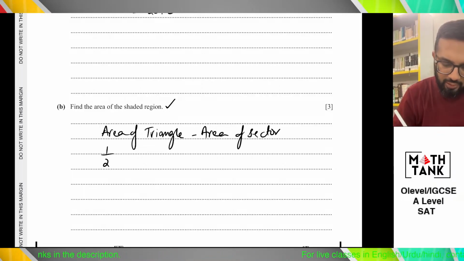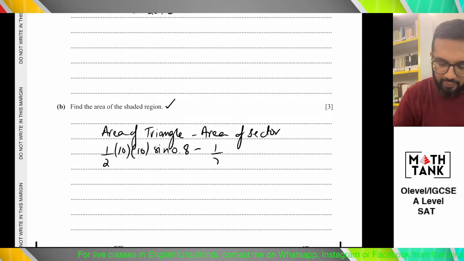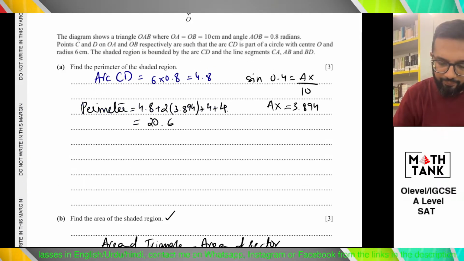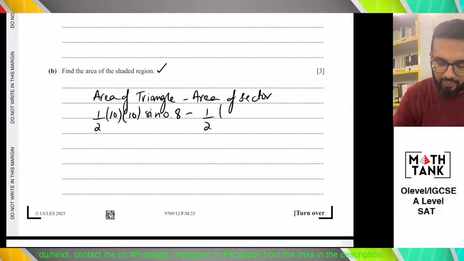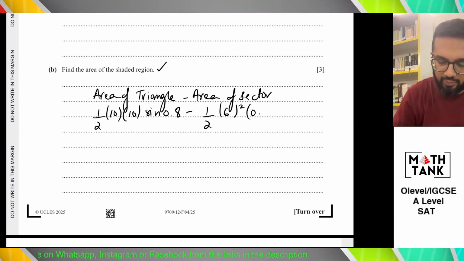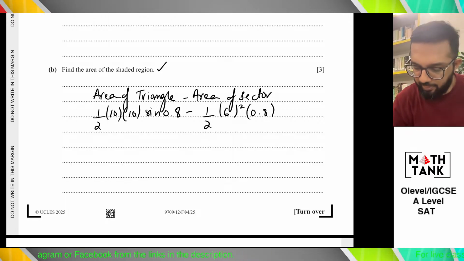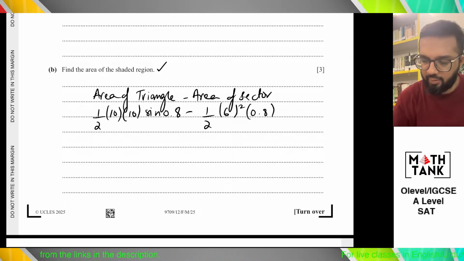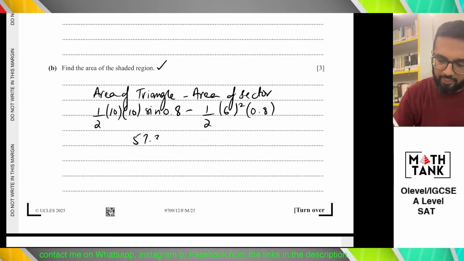Area of triangle is half ab sine C, and area of sector is half r squared theta. Just typing on my calculator. 57.388.